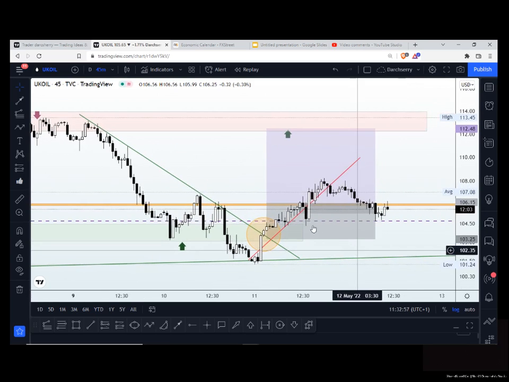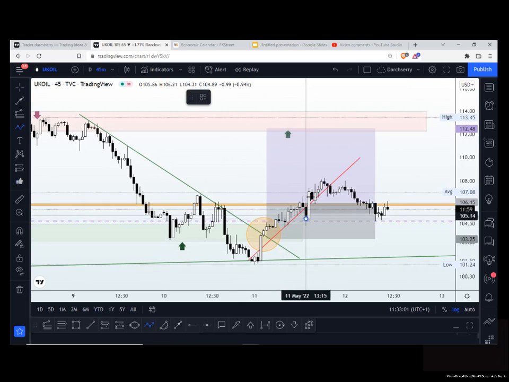Now we have a scenario where price has actually broken out of that key level, as we can see what happened here, and we saw a retest into that key level, but price went even further down into that key level. So at this point in time we want to be looking for structures that will support a bullish momentum, and we need to look at this on a lower time frame to actually see what is happening.